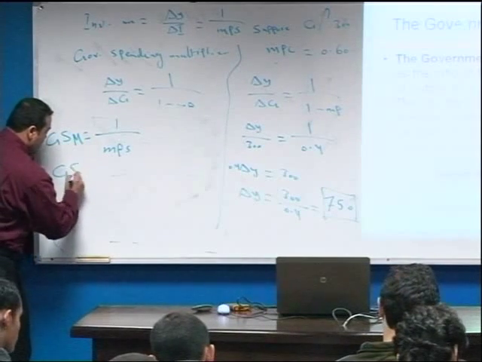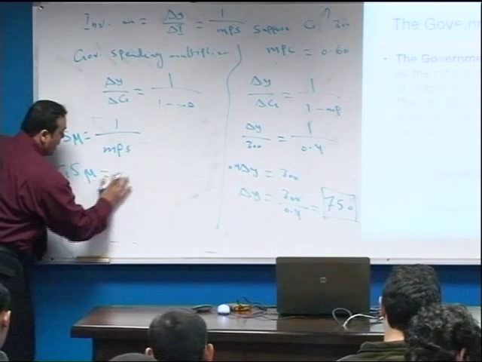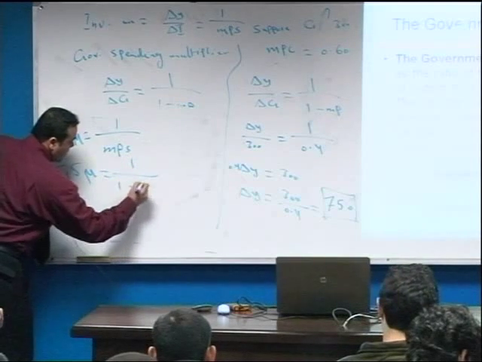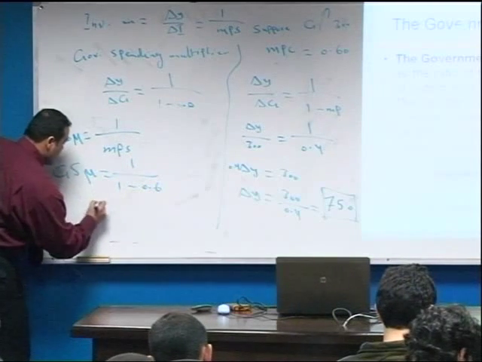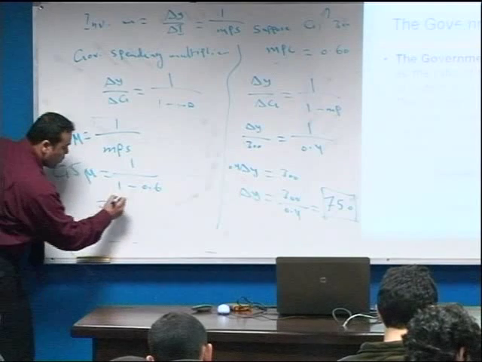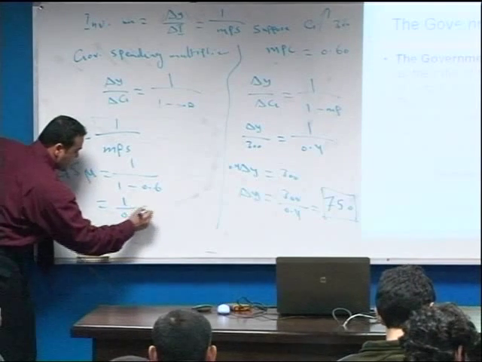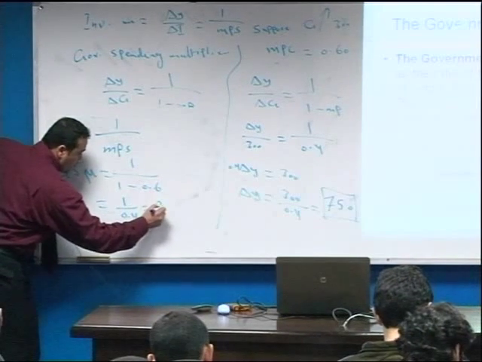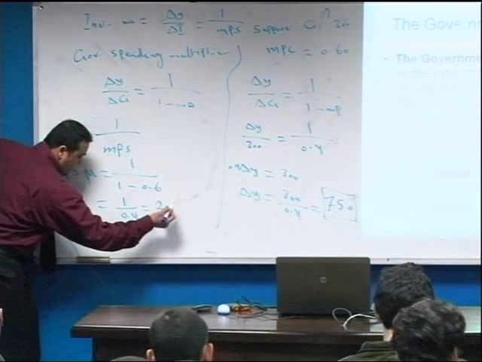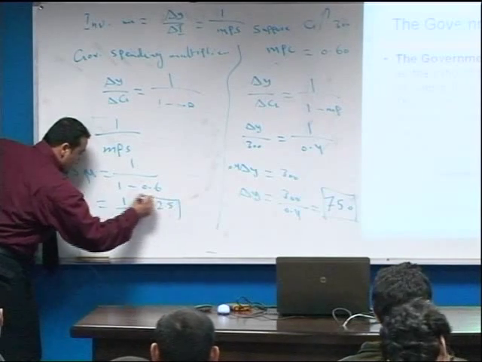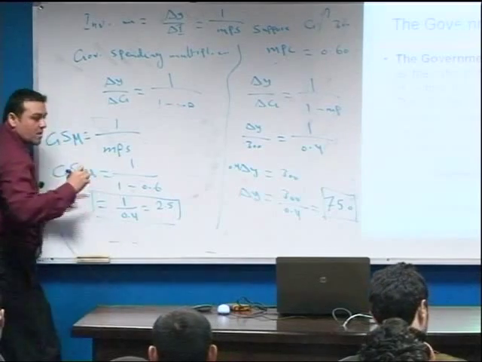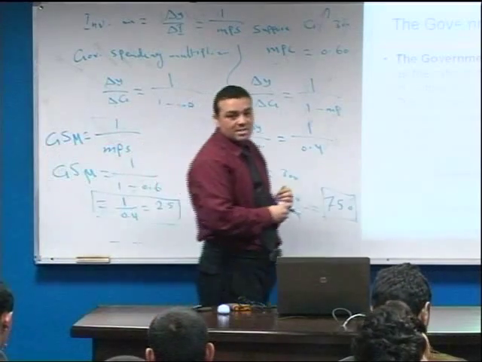So the government spending multiplier equals 1 over 1 minus 0.6, which equals 1 over 0.4 equals how much? 2.5, I think. So in this case, the multiplier equals 2.5.